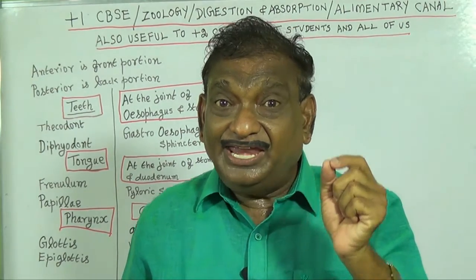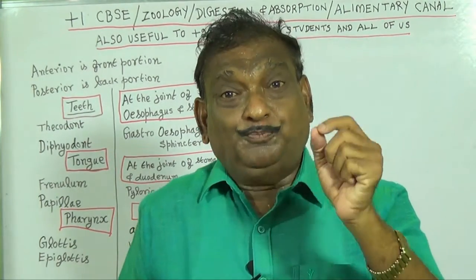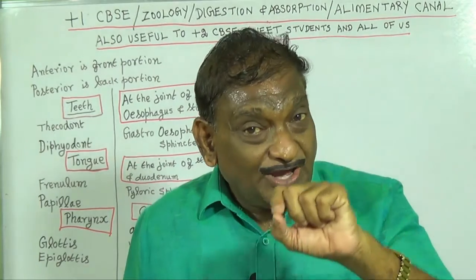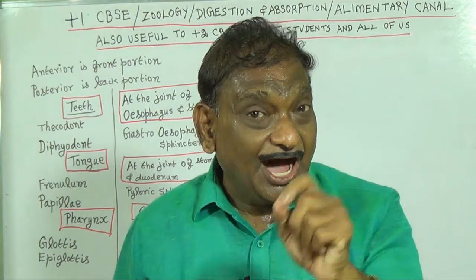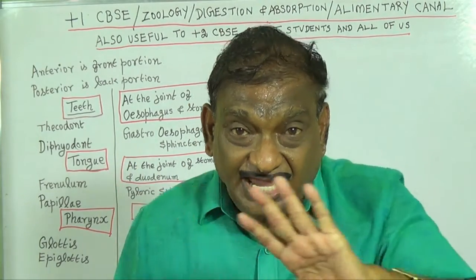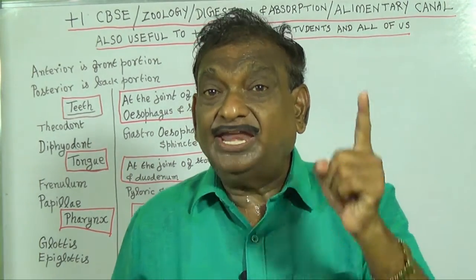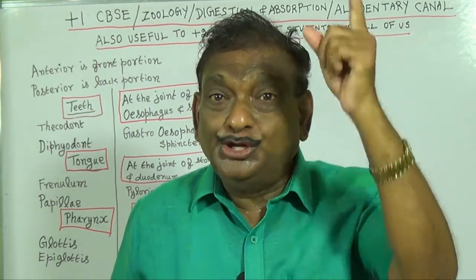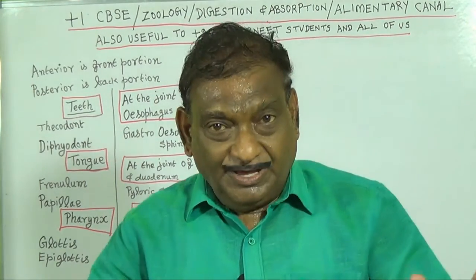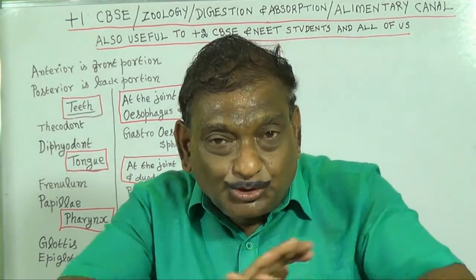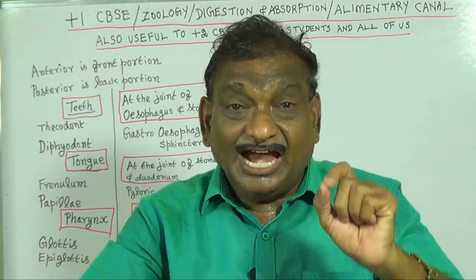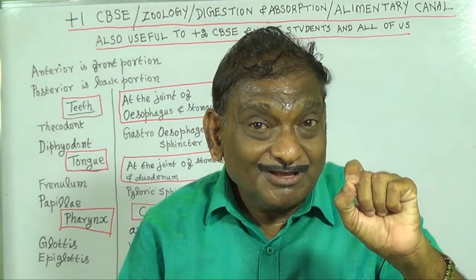The air can enter into the food pipe, that is esophagus, and the windpipe, that is trachea. But in any case, the food can enter only into the food pipe, that is esophagus. It cannot enter into the windpipe, that is trachea.